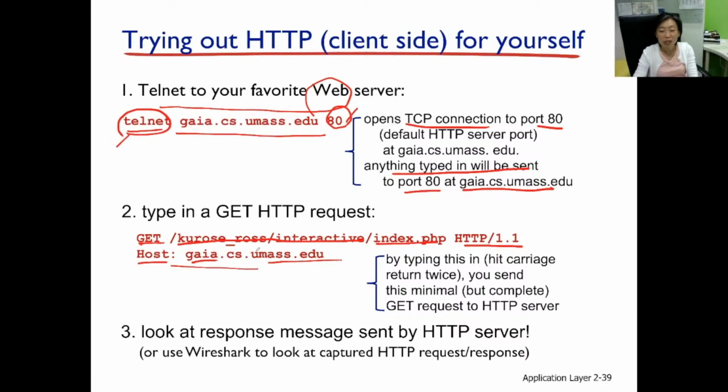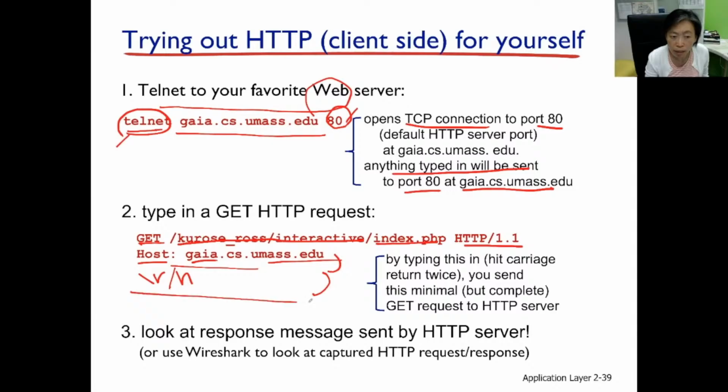Essentially, we are trying to act as a human web browser by typing an HTTP request message right here. Once we are done with this, we hit return, and then we hit return again. It needs to have a \r\n here in order to complete the HTTP request.